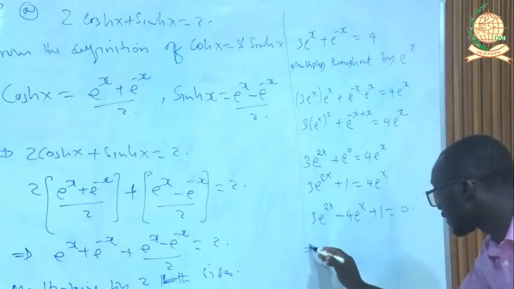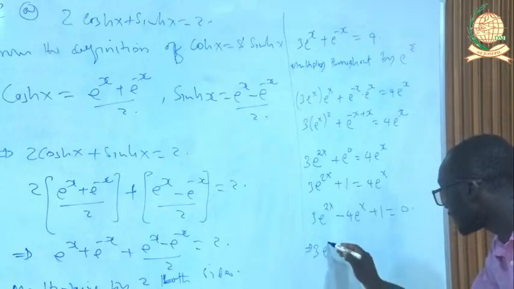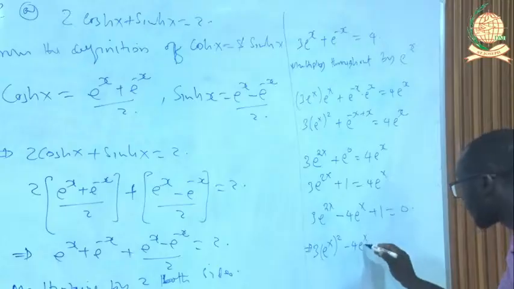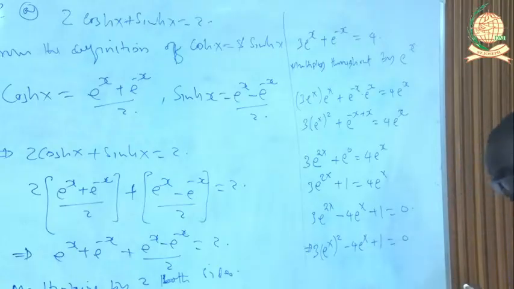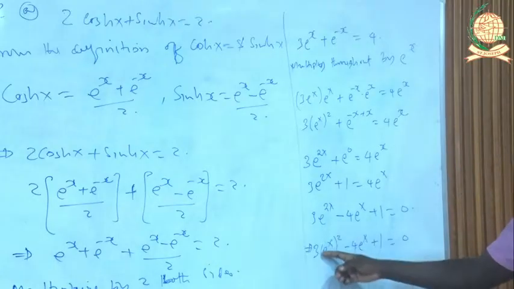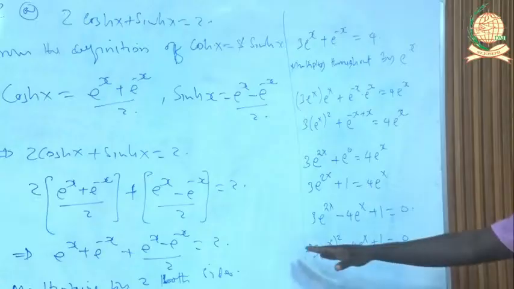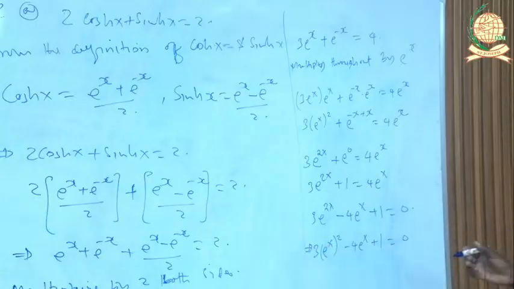as 3 (e^x) squared minus 4 e^x plus 1. If you assume this variable e^x to be something, maybe like a or y, you're going to have the simplest quadratic equation, a simplest polynomial equation of second degree.